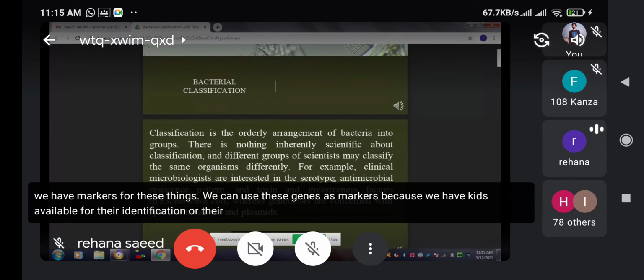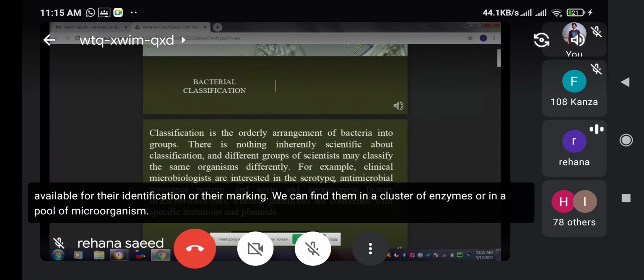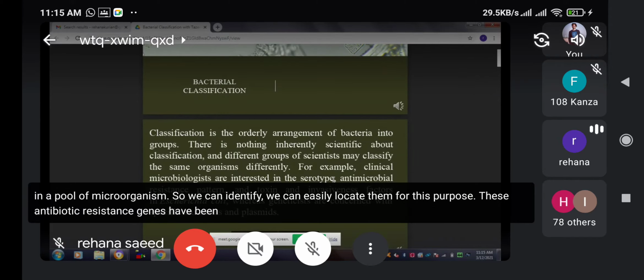We can find them in a cluster of enzymes or in a pool of microorganisms, so we can easily locate them. For this purpose, these antibiotic resistance genes have been used in research also.